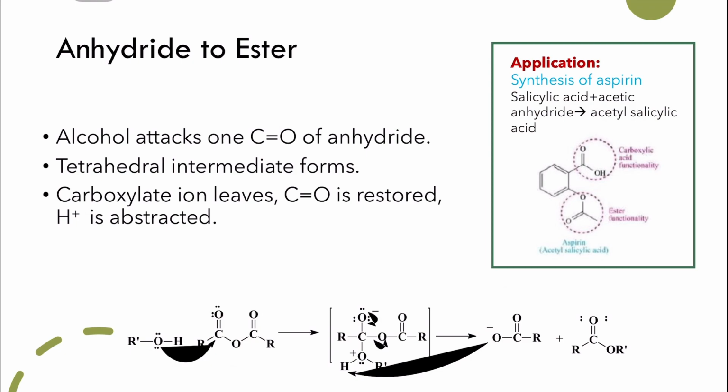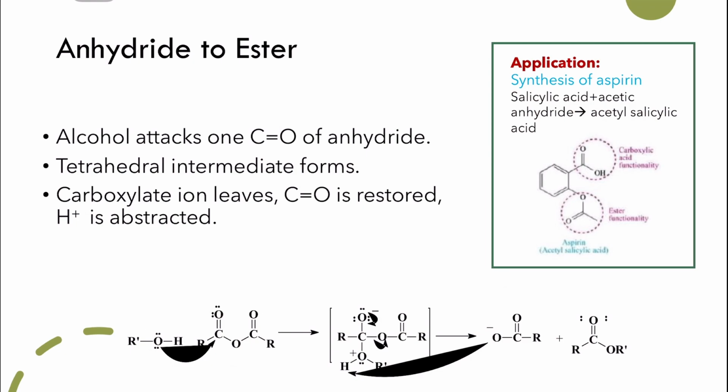Now let's move on to the second one, which is the anhydride. We know that an anhydride can be prepared by the reaction between an acid chloride and acids. The anhydride is second in reactivity after the acid chloride, and it can be converted to the other acid derivatives.